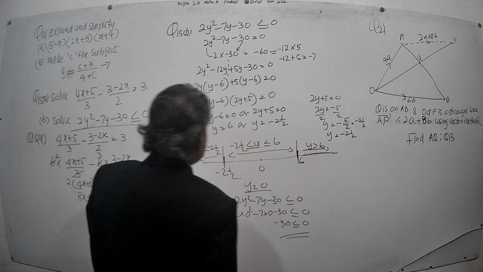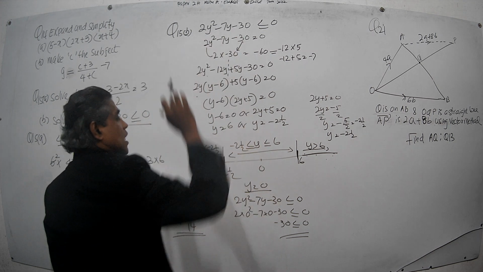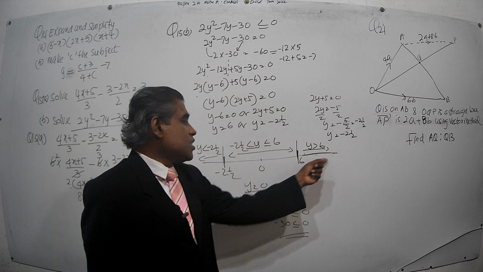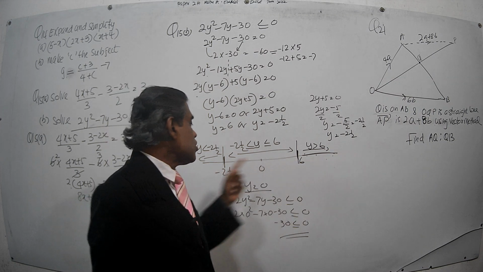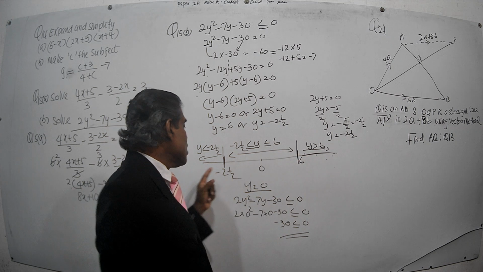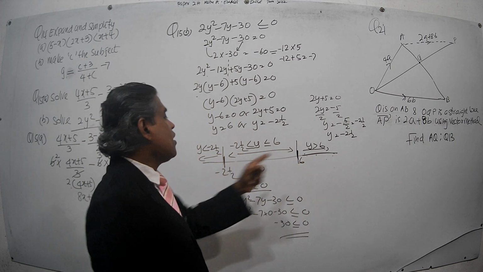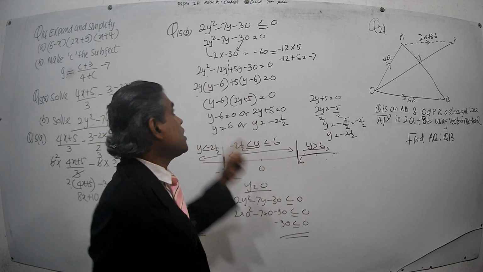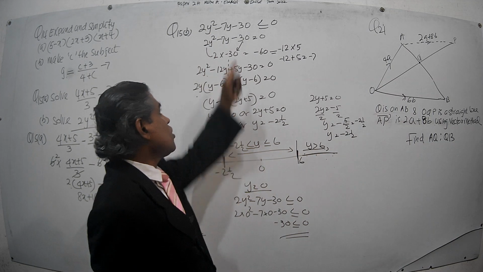And if the middle part does not satisfy the inequality, that means definitely the other two parts satisfy the inequality. Then the other two parts are the solutions.